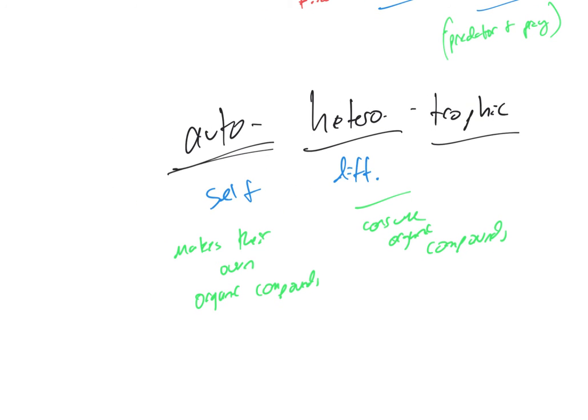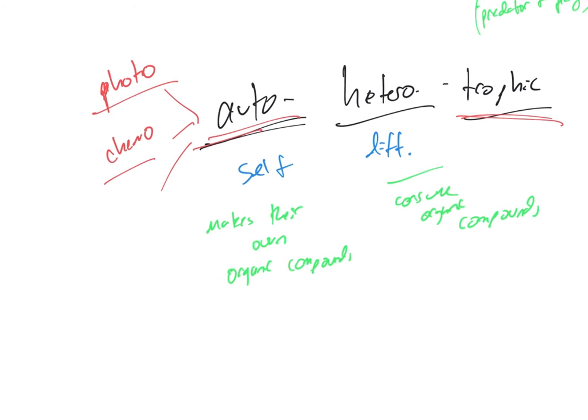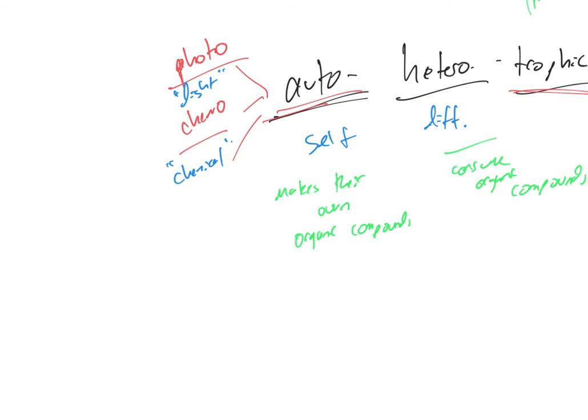Okay? There is a prefix before auto. You can be photo or chemo. So you can be chemo autotrophic or photo autotrophic, right? If you're using photo, you're obviously using light, and chemo would be using chemicals. So an example of a photoautotroph would be algae.